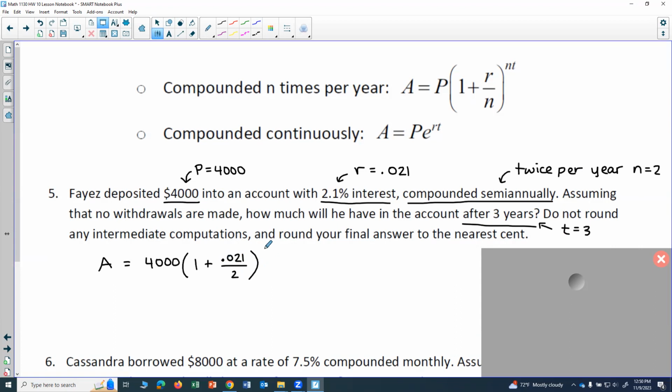And then in the exponent, we'll have N times T. So this will be 2 times 3. N is 2, T is 3. So that will be the 6th power. So when I'm entering that in my calculator, I would put in 4,000(1 plus the fraction 0.021 over 2, all raised to the 6th power.